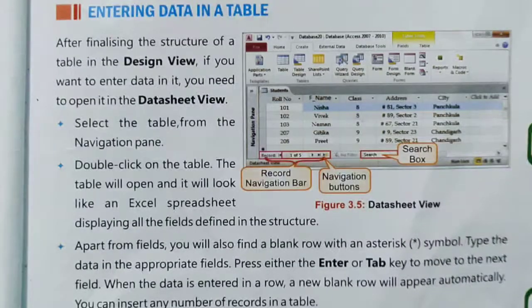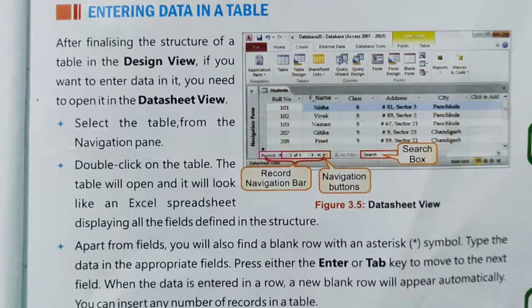Select the table from the navigation pane and double-click on the table. After clicking, the table will open and look like an Excel spreadsheet, and it displays all the fields which are defined in the structure.